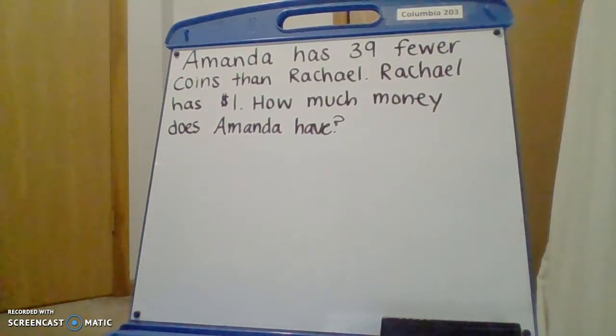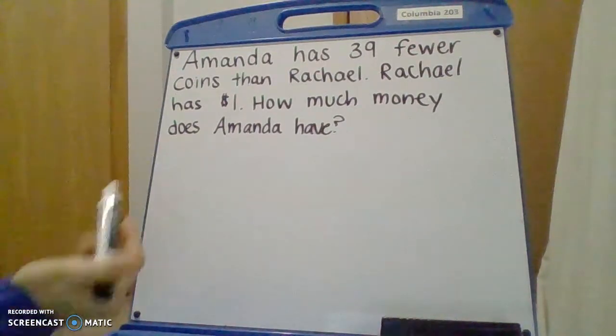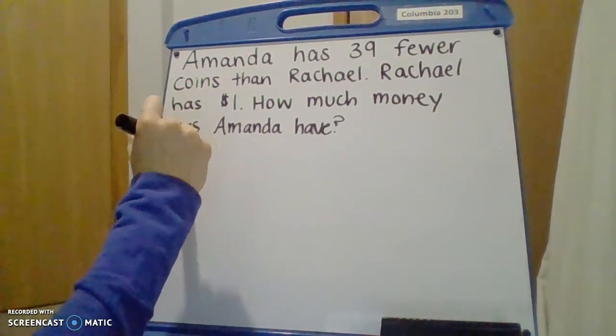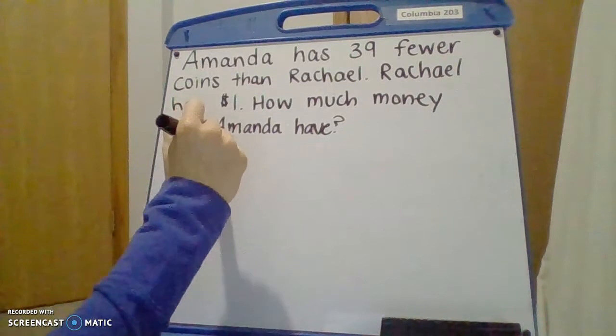The first word problem you have says, Amanda has 39 fewer coins than Rachel. Rachel has $1. How much money does Amanda have? So you could write it out or show it in a tape diagram. Rachel has $1.